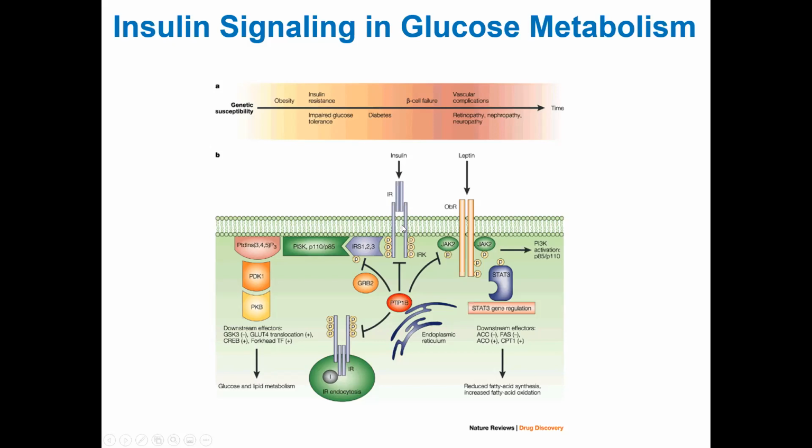This insulin receptor signaling pathway will go on and on, even when the insulin has been removed, because there is no PTP1B to dephosphorylate the insulin receptor and turn off the signaling.